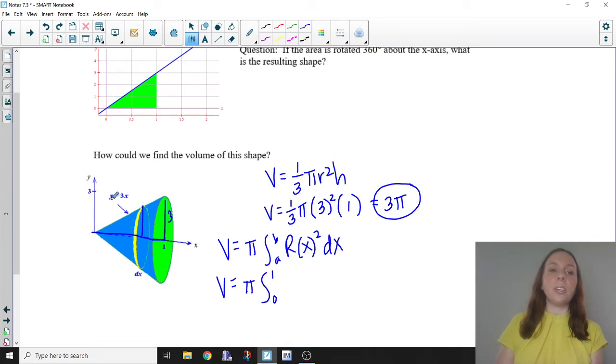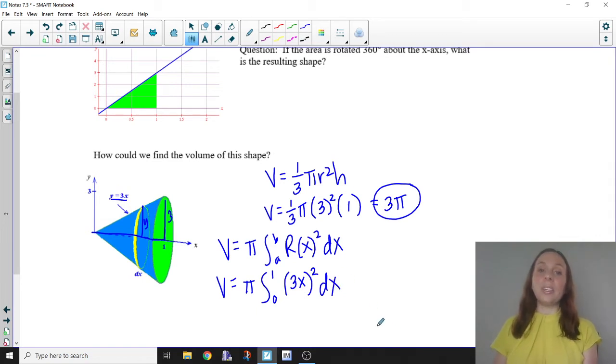The function is y equals 3x. So this is y, right? All the way out here it's 3, but it's any y. Or in terms of x, notice it says R of x, it is 3x. So we would want to change the R of x to the function in this example, 3x, and it is squared, dx. Okay, pretty simple integral.